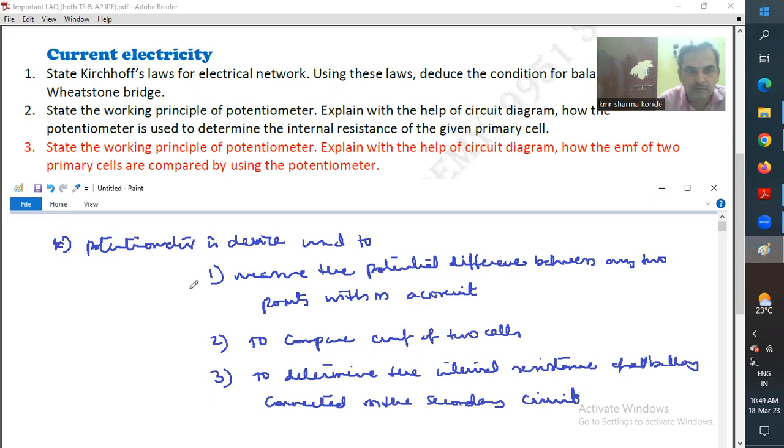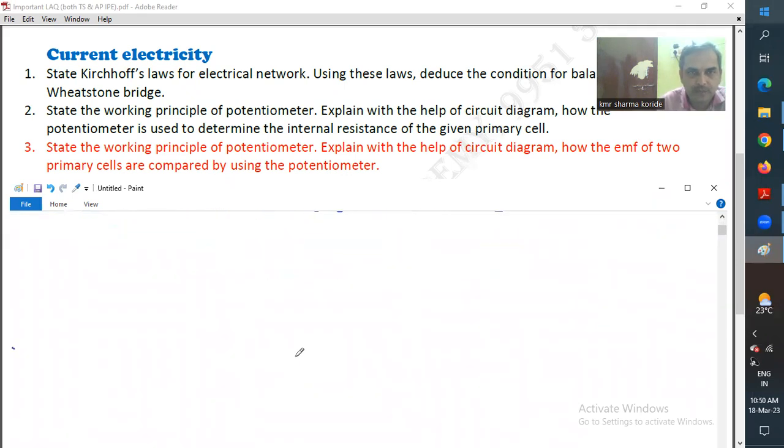And this is all without drawing current from the circuit. So this is the advantage of using potentiometer over voltmeter. Next, let us try to understand the principle.